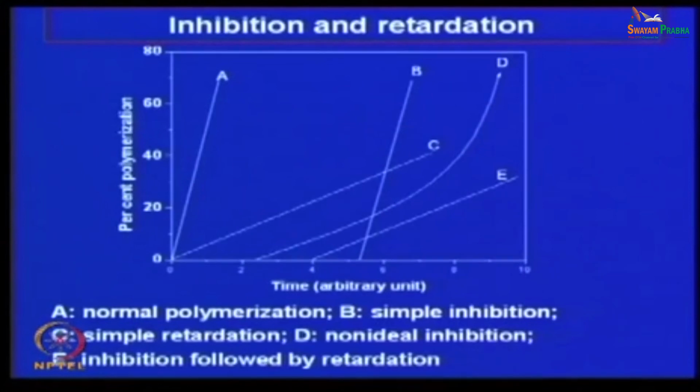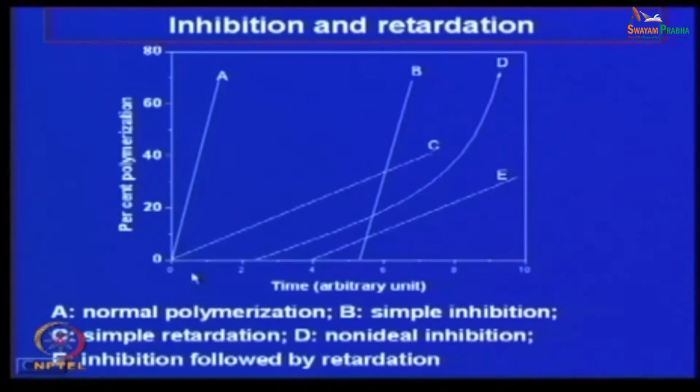Now, I just mentioned you what is called inhibition of polymerization. What is inhibition of polymerization? Here you see this is a plot of polymer growth versus time. It is a rate of polymerization, nothing but a rate of polymerization.